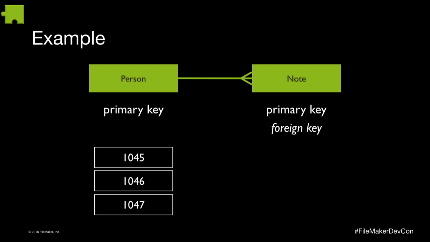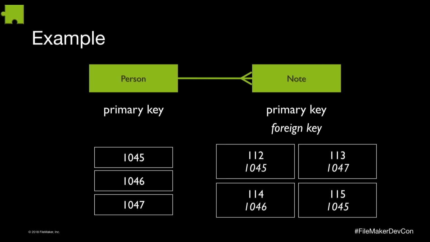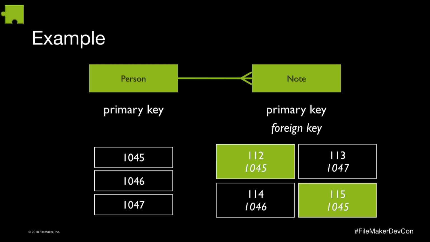And if we look at three people here, 1045, 6 and 7, and we look at 4 notes, we can look at those notes and we can quickly identify who belongs to those notes. So these notes are obviously attached to that person because they contain the data from that person's primary key. So notice that this has nothing to do with the primary key of the note.